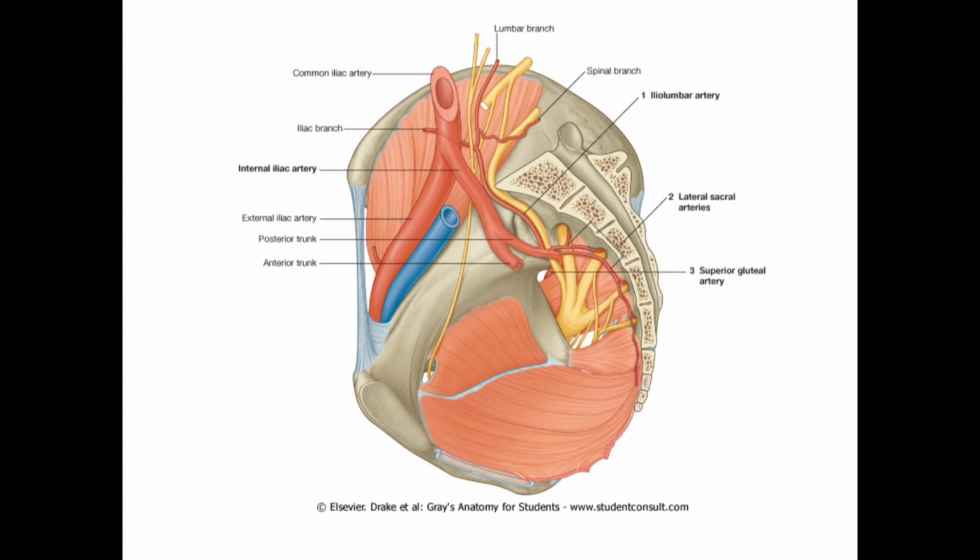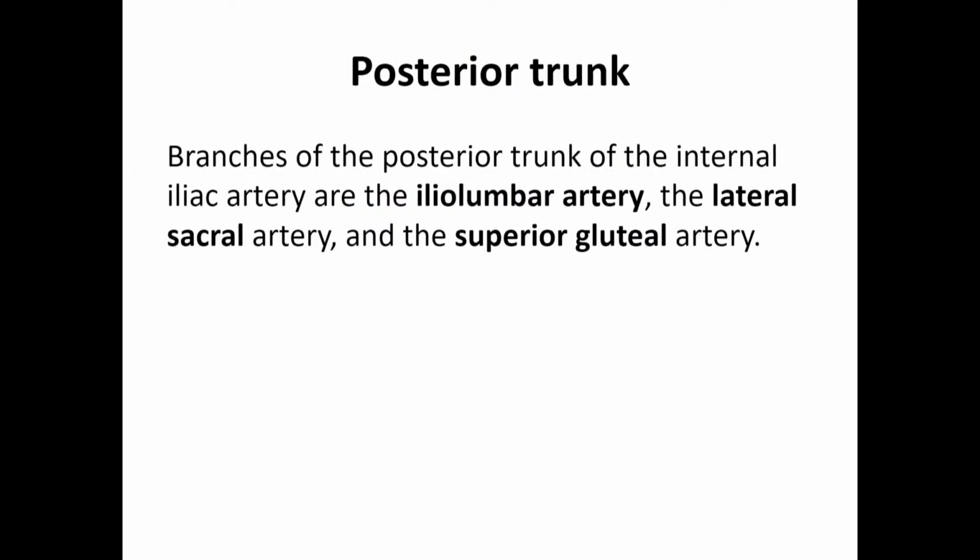The branches of the posterior trunk give us the iliolumbar artery, the lateral sacral artery, and the superior gluteal artery.